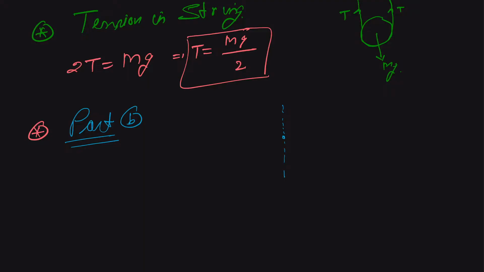This is the vertical, we have a center C, and at angle phi we have taken the tension as T of phi.